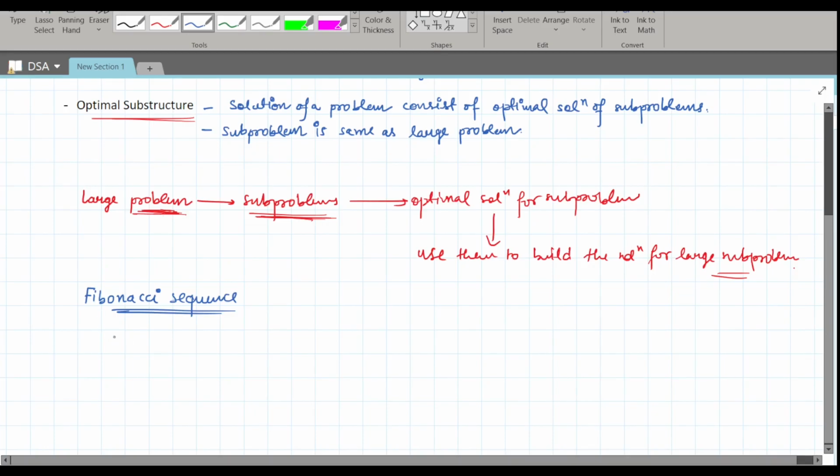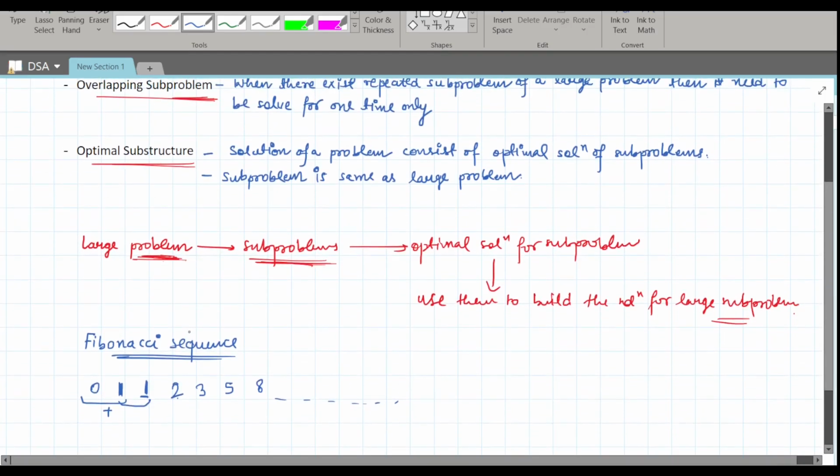The first number in the sequence is 0, and then 1, and then the third number is the sum of the previous two numbers, 0 plus 1, which is 1. The fourth number is 1 plus 1, which is 2, then 1 plus 2 is 3, and so on. This sequence goes on, and this is called the Fibonacci sequence.